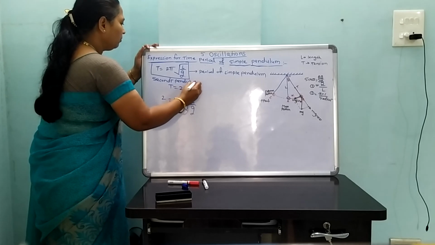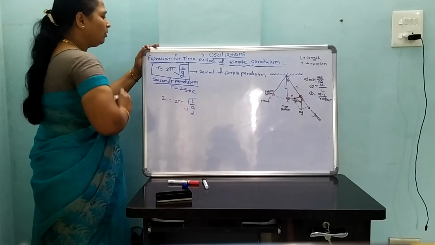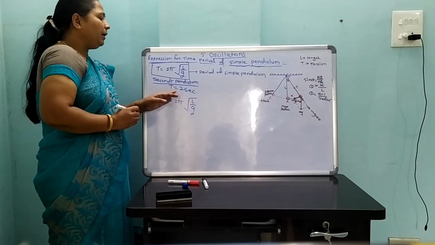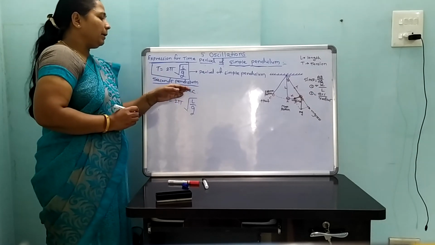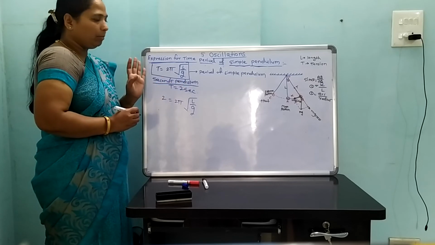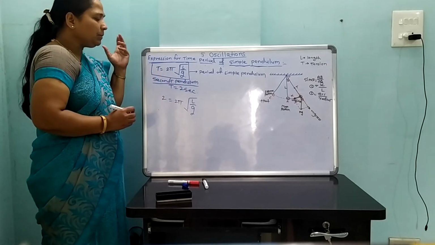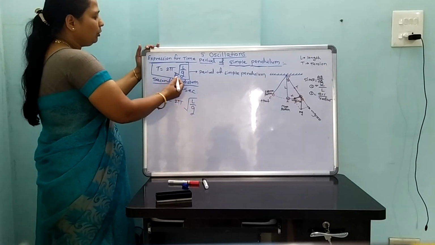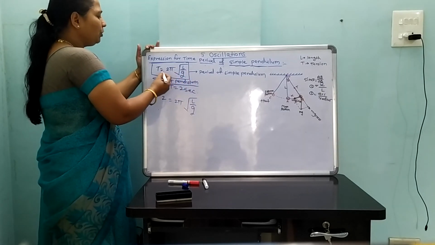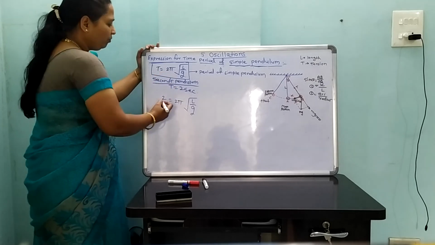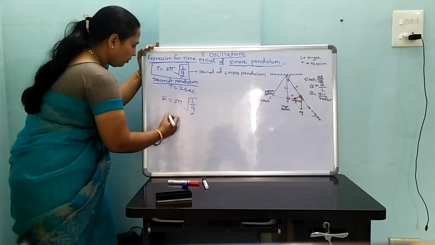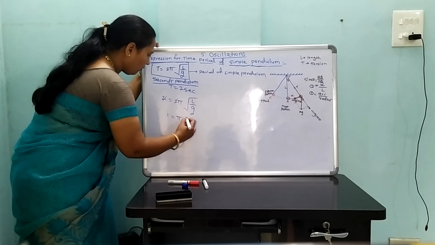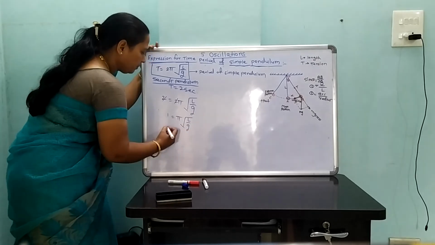Seconds pendulum. What is meant by seconds pendulum? The pendulum having the period T equal to 2 seconds is known as a seconds pendulum. What is the length of a seconds pendulum? The length is calculated using the formula T is equal to 2 pi under root of L upon g. Substitute T equal to 2 seconds. 2 gets cancelled. Therefore, 1 is equal to pi under root of L upon g.